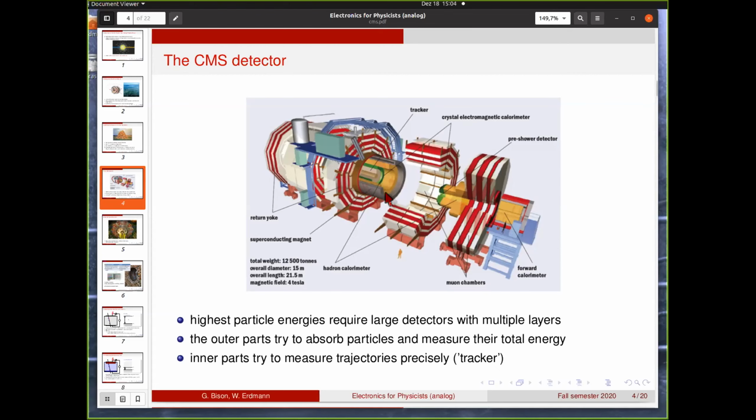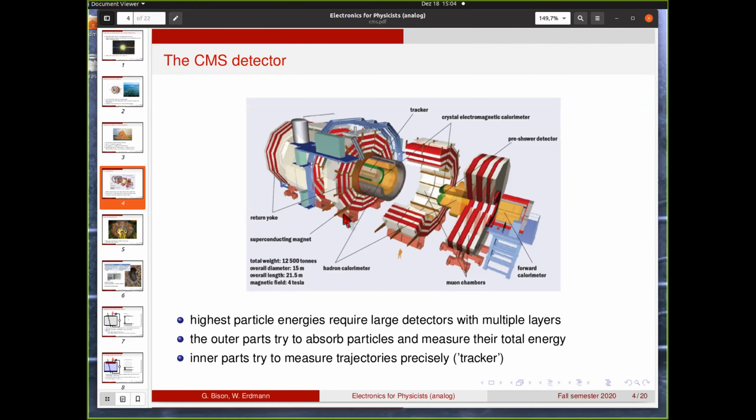So we have these two different types of detectors. The innermost, the so-called trackers, track the particles without ideally disturbing them, and then the outer parts, the calorimeters, try to measure the energy of particles by absorbing them completely, and then some particles still escape, and they are detected in these muon chambers.